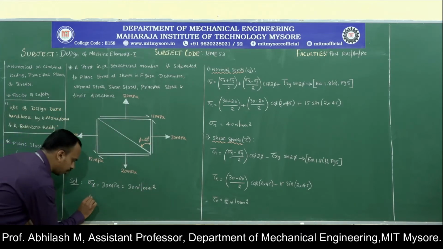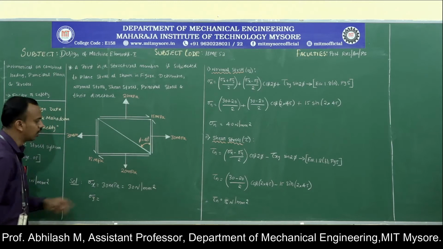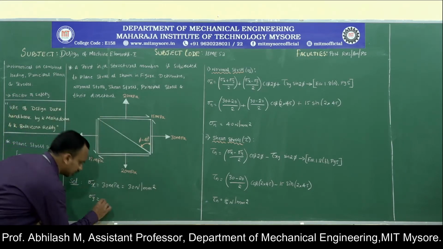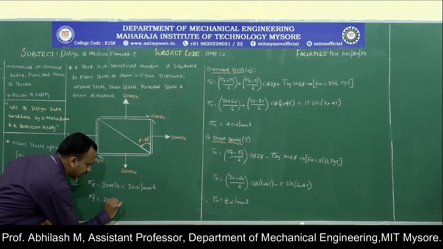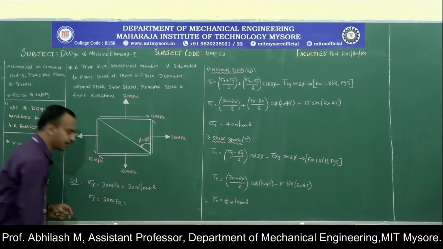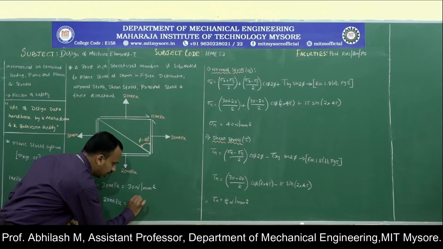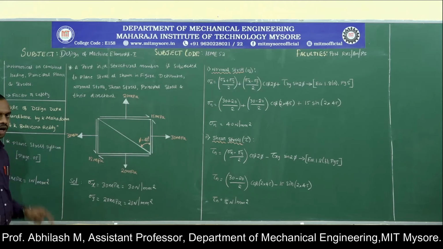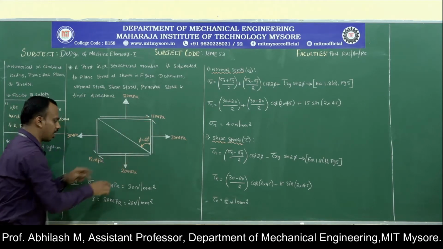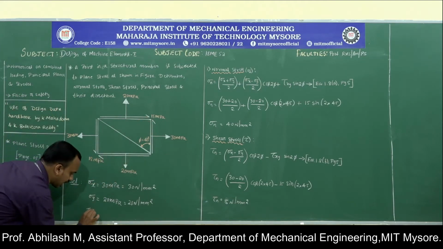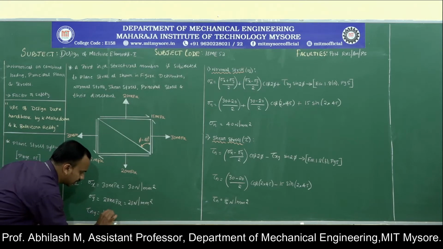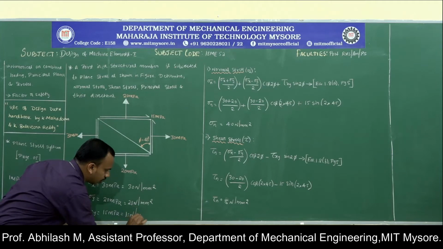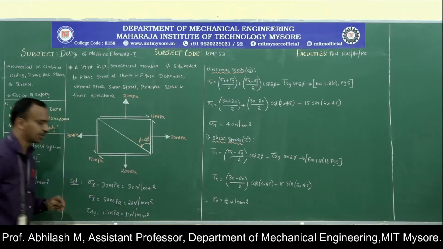Now what is the sigma y value? Sigma y is 20 megapascal and it is also tensile in nature, which is 20 Newton per millimeter square, and along with that it is also subjected to a shear of 15 megapascal. So tau xy is 15 megapascal, which is nothing but 15 Newton per millimeter square.